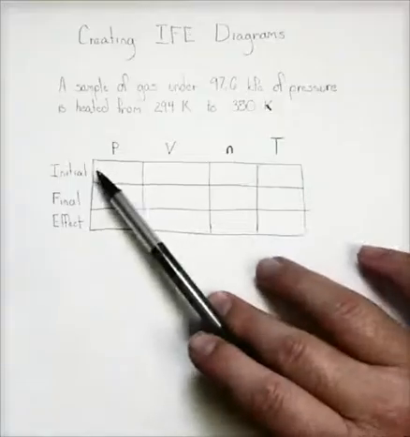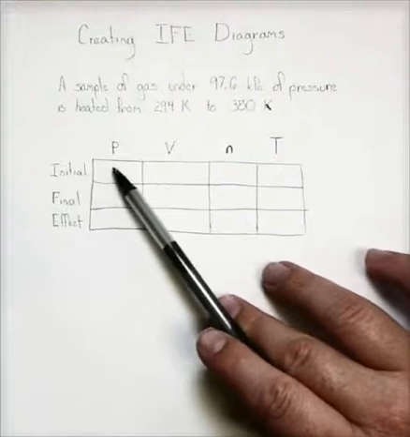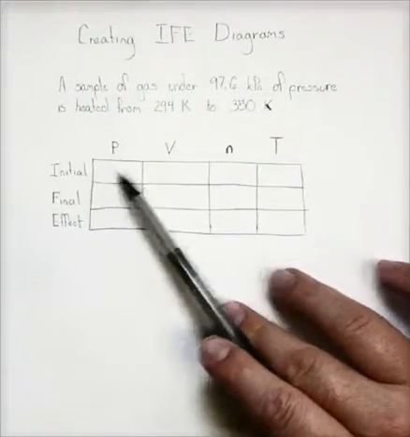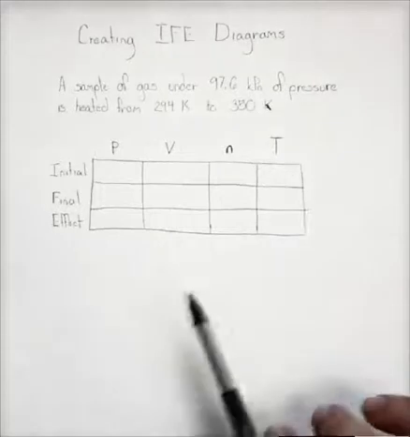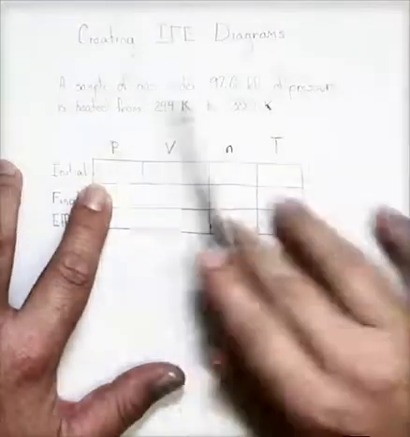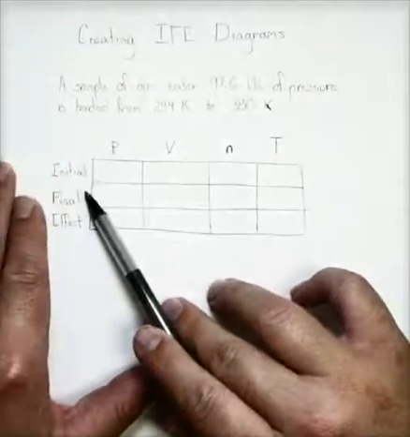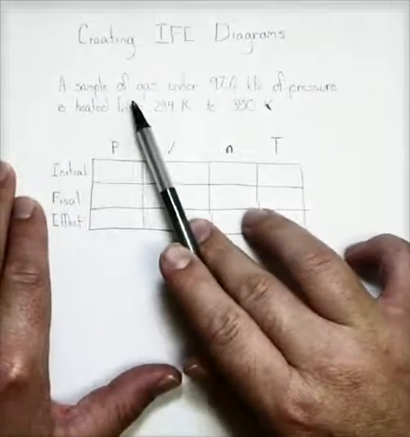Initial, remember, means beginning. So in this chart, we're going to go through and see what the pressure, volume, number of gas particles, and temperature was at the beginning. So we look, and before this change, notice there is a change here. We're going from the beginning to the end, and we can find that change in the problem.